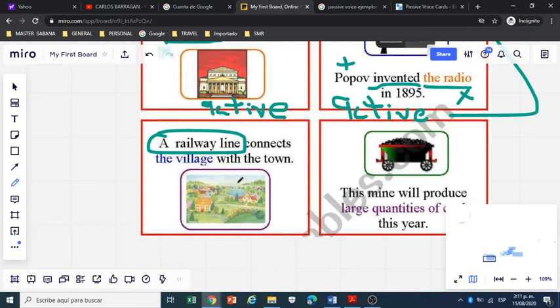And what is not important? The village. What is done? We are going to transform, so this is active. We are going to transform into passive.